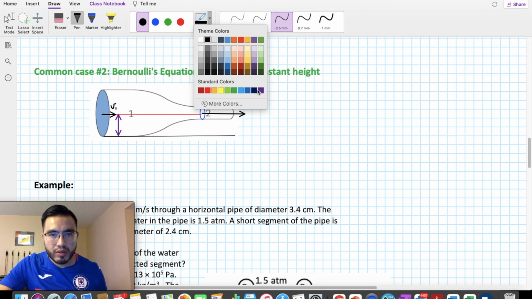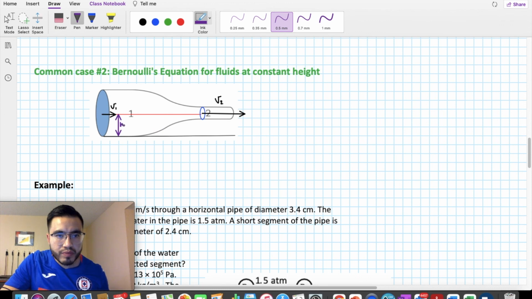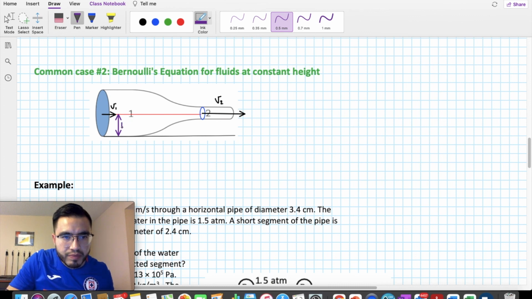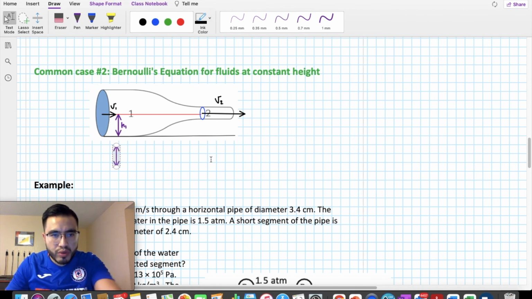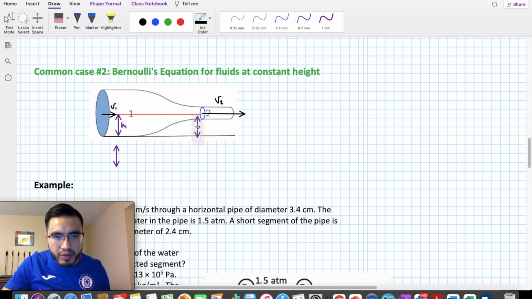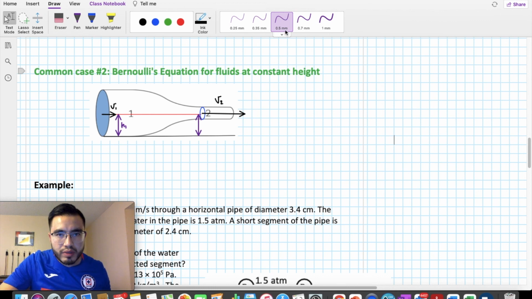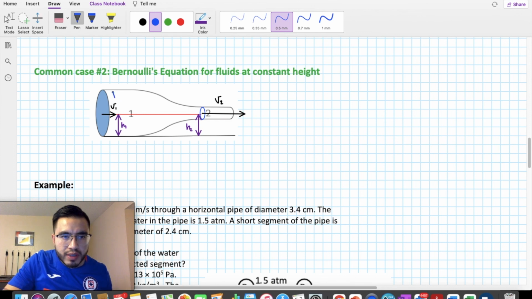This is H1, height number 1. And we know that height 2 will be the same, and we can see it over here. This is H2. And then we have pressure 1 on this side, pressure 2 on this side.